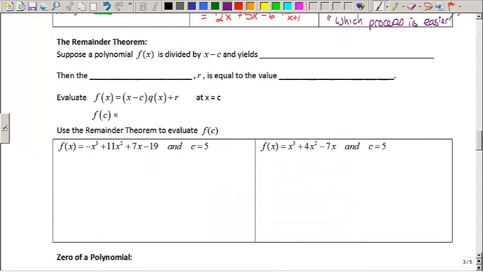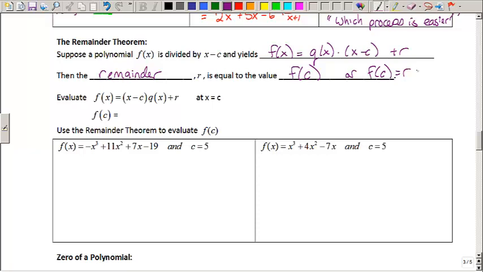So the remainder theorem says if you have a polynomial f of x and it's divided by x minus c, and it yields f of x is equal to the quotient times x minus c plus the remainder, which we practiced on the last page, then we can say that the remainder, r, is equal to the value at f of c. Or f of c is just equal to r. That's another way of saying it.